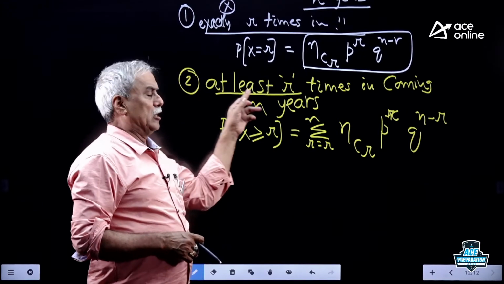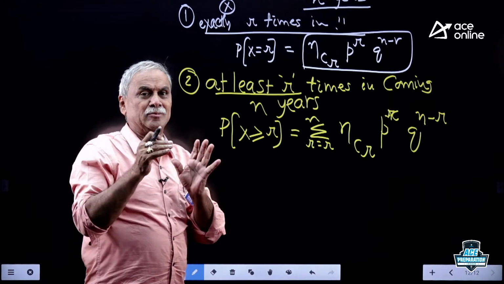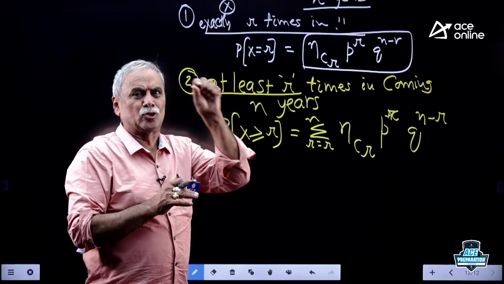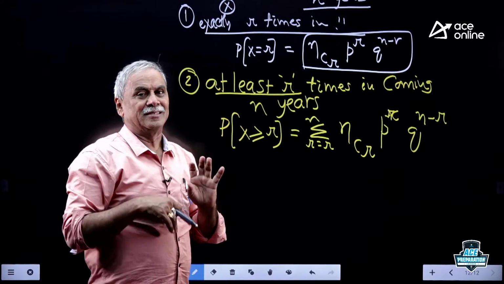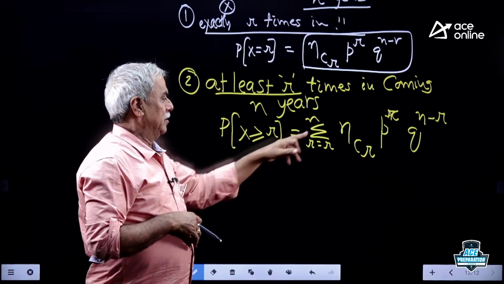For example, at least 6 times in the coming 10 years. At least 6 times a particular expected rainfall should occur in the coming 10 years. At least 6 times means 6, 7, 8, 9, 10.